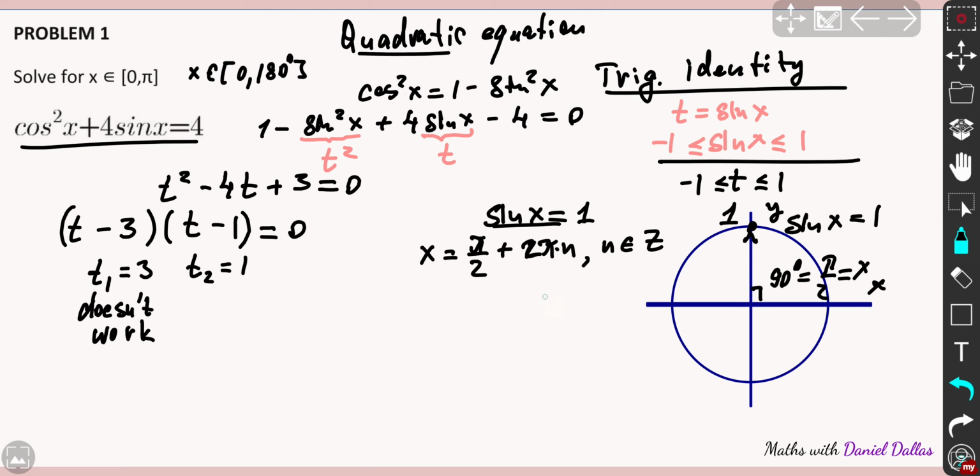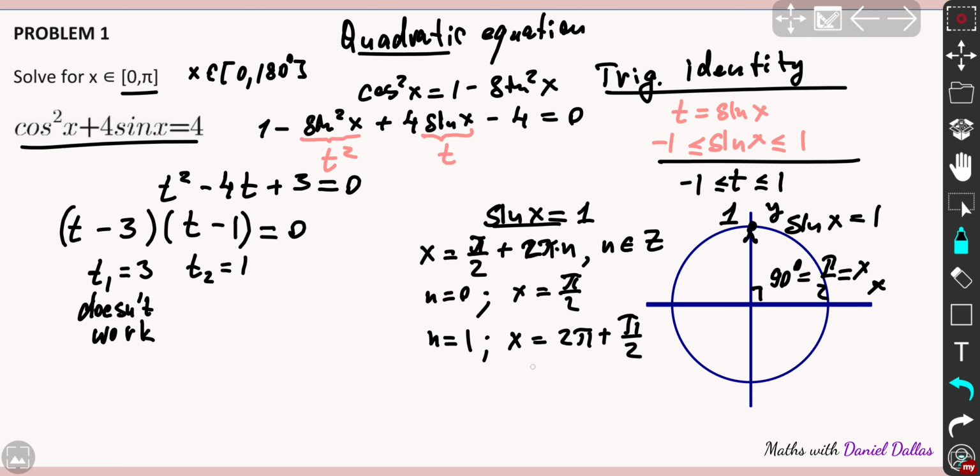So that's our whole general solution, and we need to pick those which are from 0 to pi. So if you test when n equals 0, you'll get your basic point or starting point, pi over 2, and if you plug in 1, you'll get x equals pi over 2 plus 2 pi, which definitely will exceed your range.